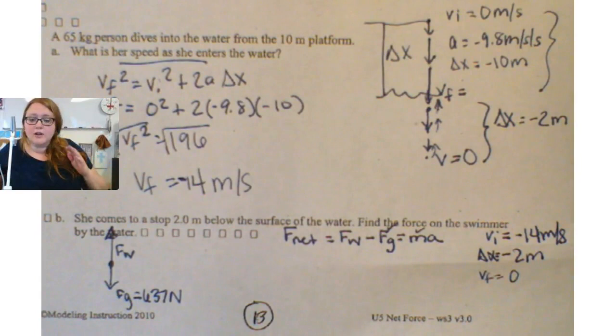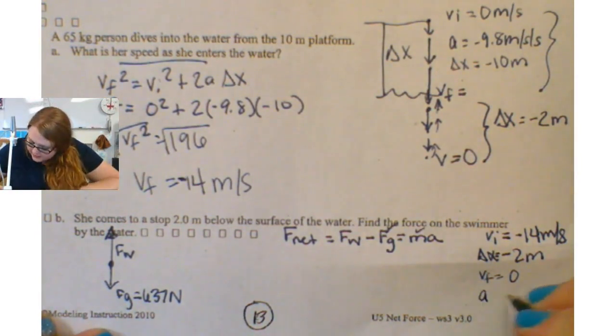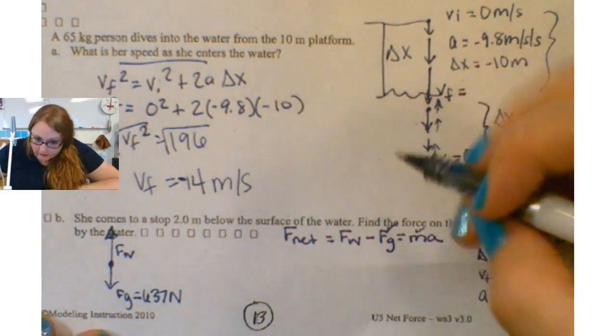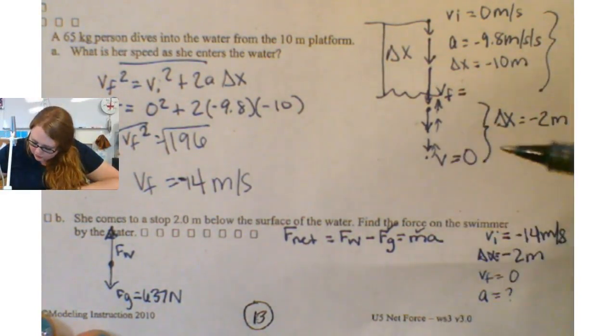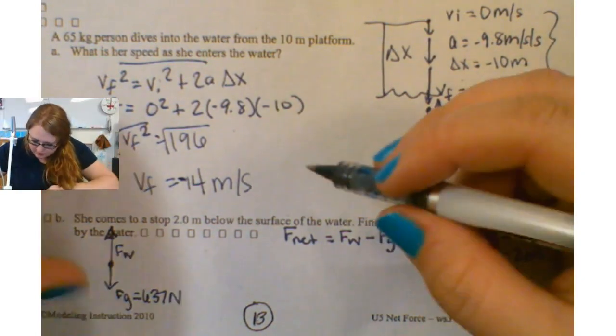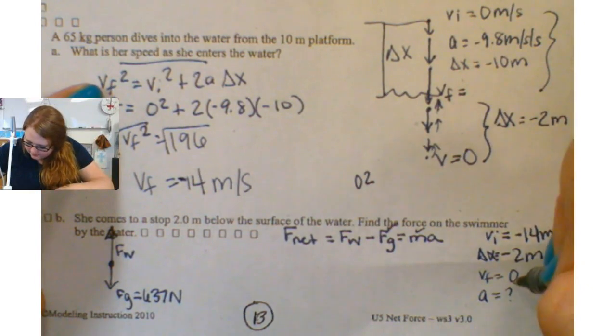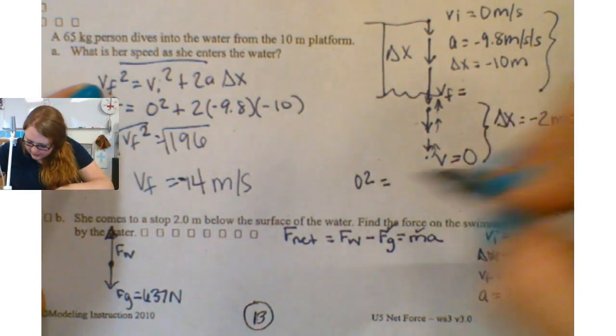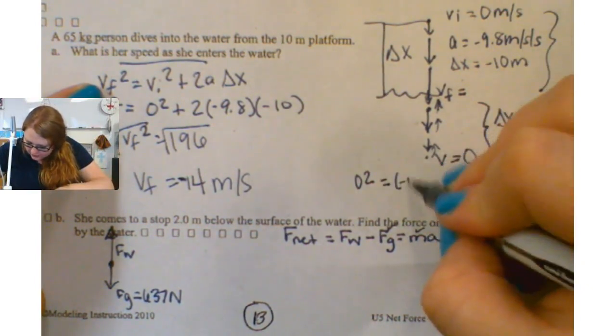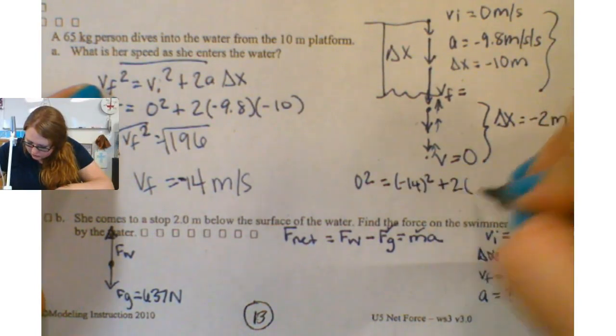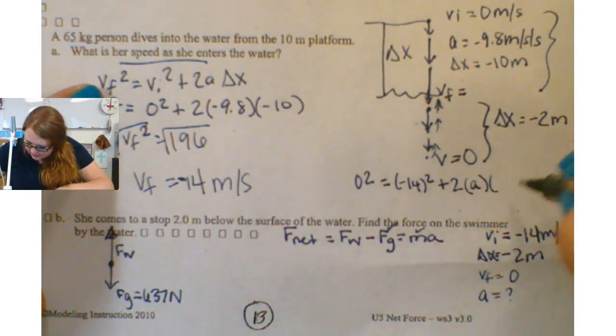I can use the equation that I just used to find the acceleration again. And I'm going to do that right here. Sorry, I'm running out of room. So VF squared, I'm going to just plug and chug here. 0 squared, because VF is 0, equals VI squared, -14 squared, plus 2 times acceleration times delta x of -2.